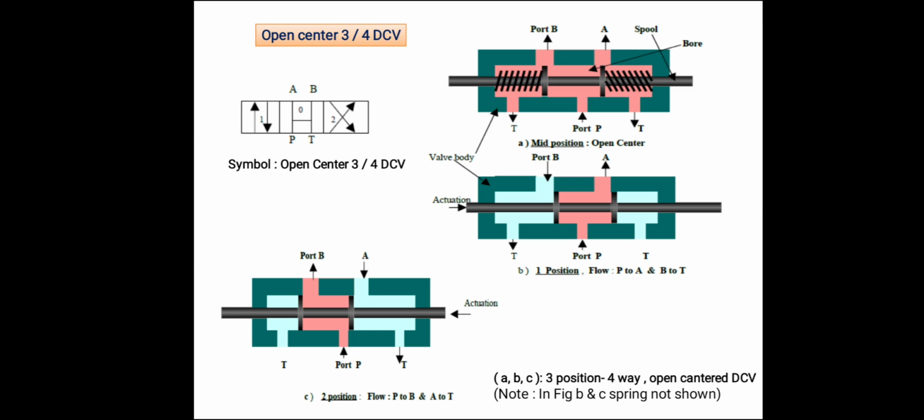The 4 ways are port P connected to the pump, tank port T, and working ports A and B connected to the actuator. The primary function of a 4-way valve is to alternately pressurize and exhaust the 2 working ports A and B. These valves are available with a choice of actuation: manual, mechanical, solenoid, pilot, or pneumatic.